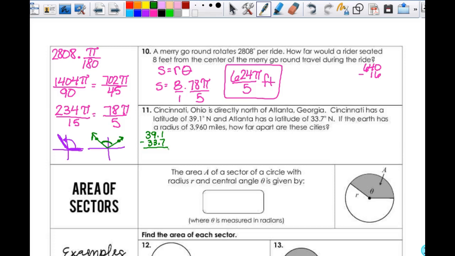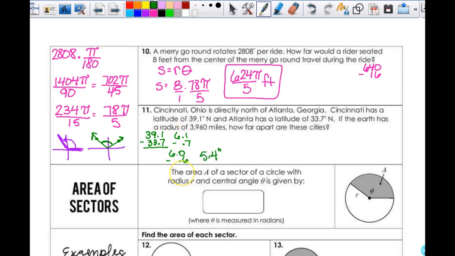What's 39 minus 33? 6. So if I just do the 39 minus the 33, that leaves me with 6. That's 6.1 minus 0.7, right? So let's just do the 0.1. And that would give me 6.0 minus 0.6. What's $6 minus 60 cents? $5.40. That's where your 5.4 comes in.